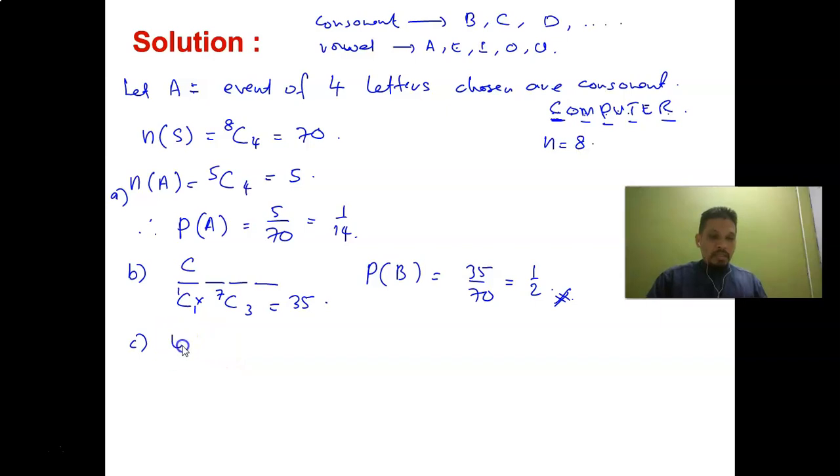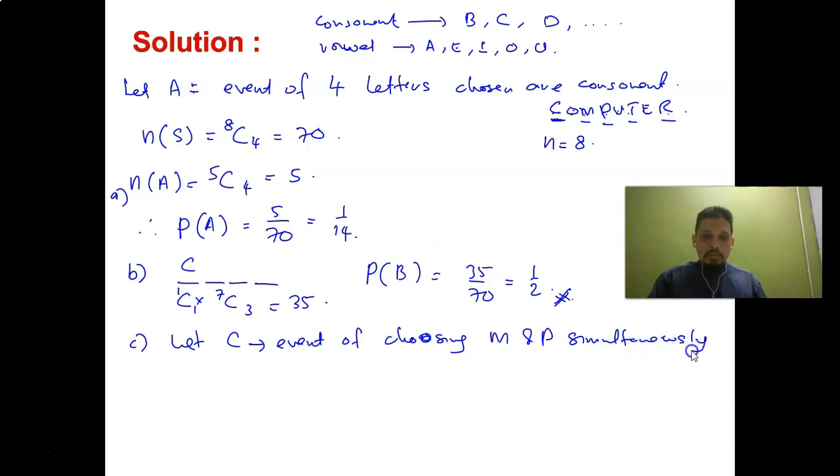C, let's see, is an event of choosing M and P simultaneously. Then the event of C, M, and P simultaneously means that M and P are a must. There is only one M and one P, 1 plus 1 equals 2.